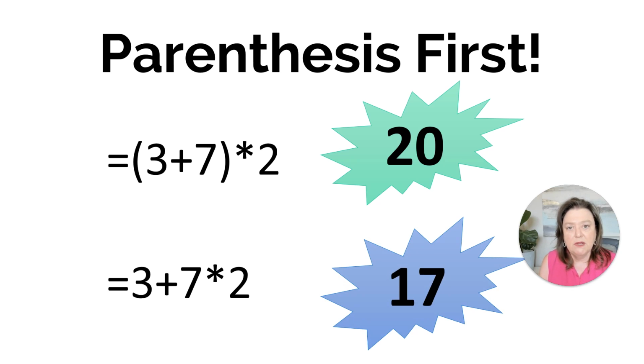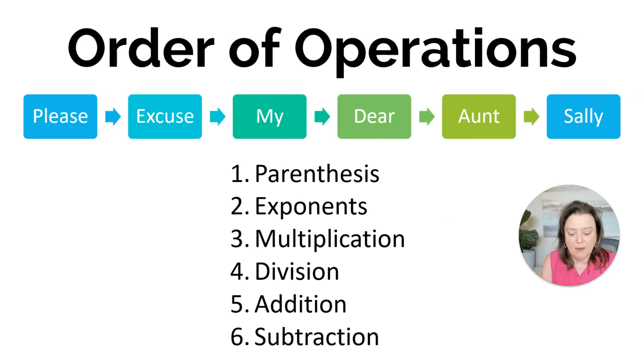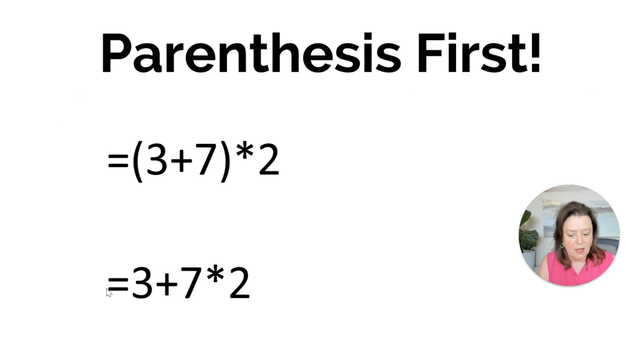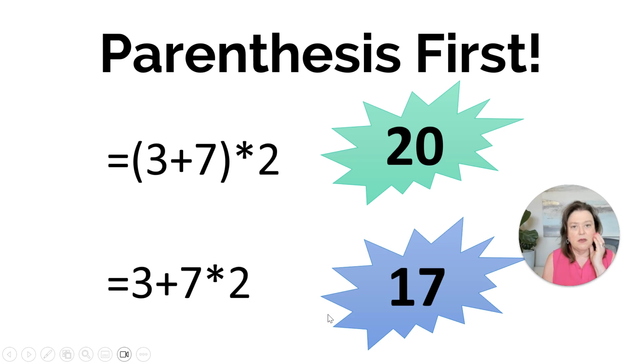If you do not put parentheses around there, it goes by the order of operations, and you'll see that multiply comes before addition. So when there is no parentheses on the bottom one, what it does first is multiply 7 times 2. And then it adds the 3 last.